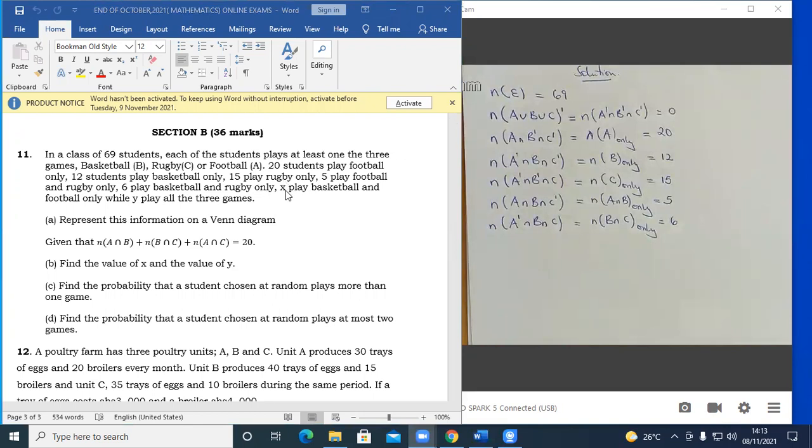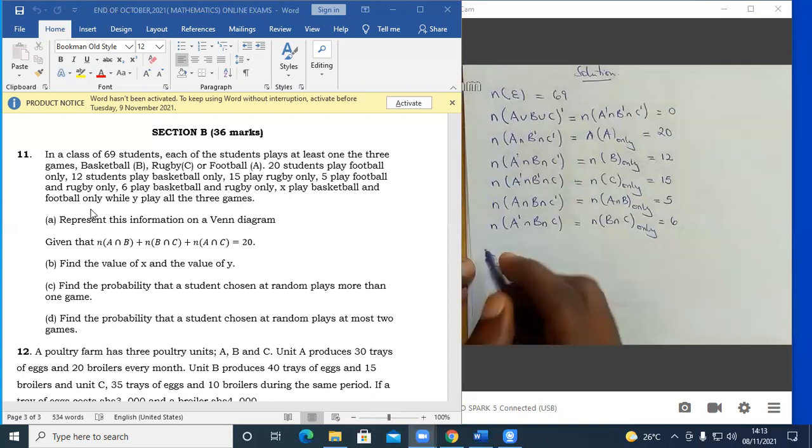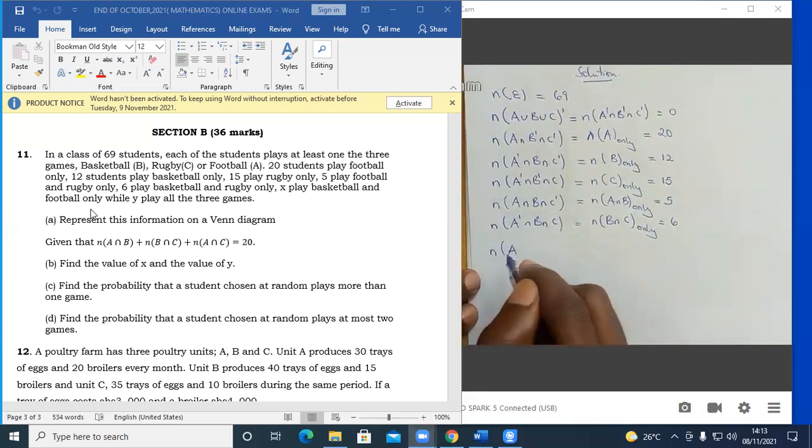Then it says X students play basket and football only. So which means number A intersection B... Sorry, A complement.